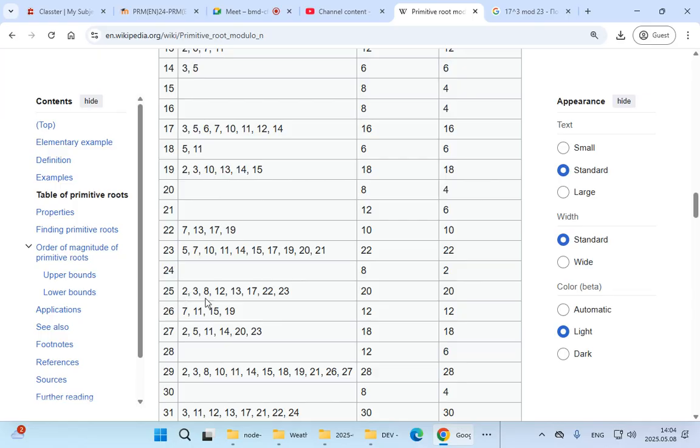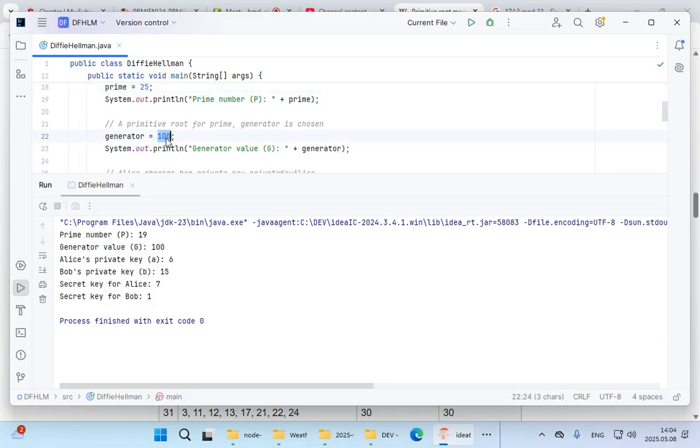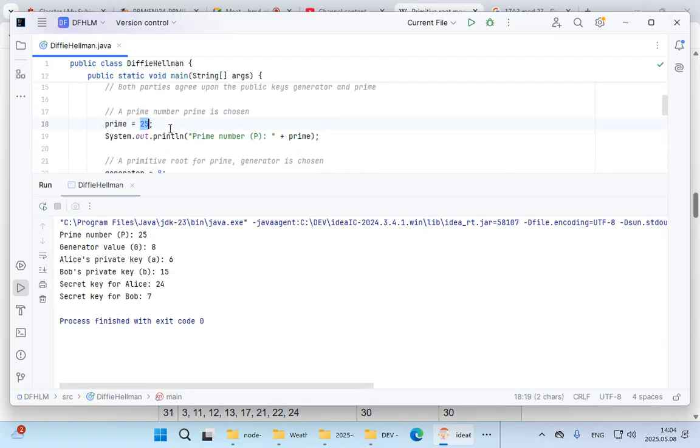So you can choose the following. I can check, for example, 25 and 8. Let us take 25, 25, and 8. It doesn't work, you see. Why? Because this is not a prime number.